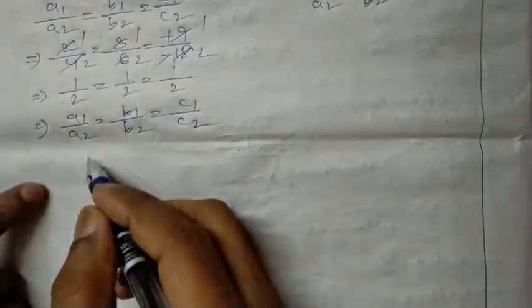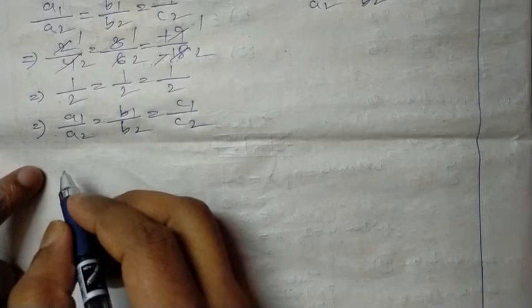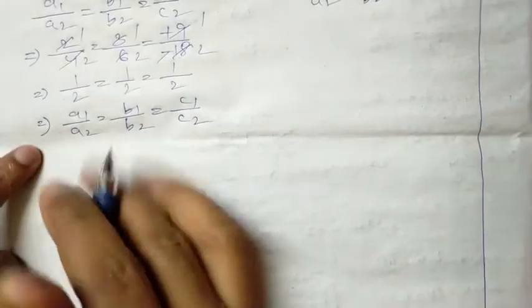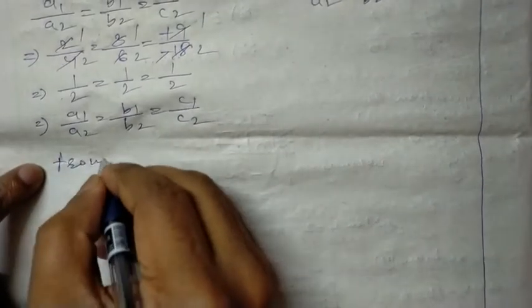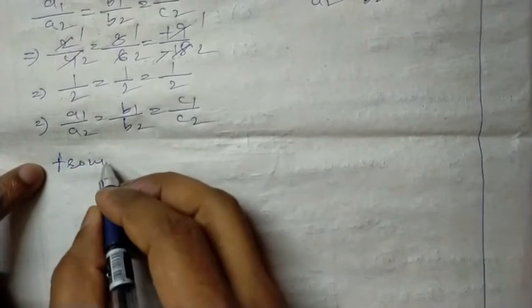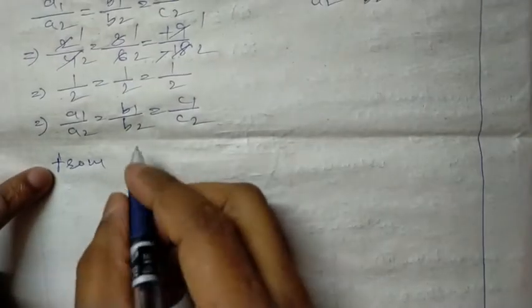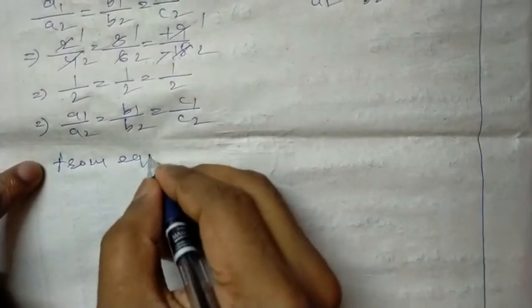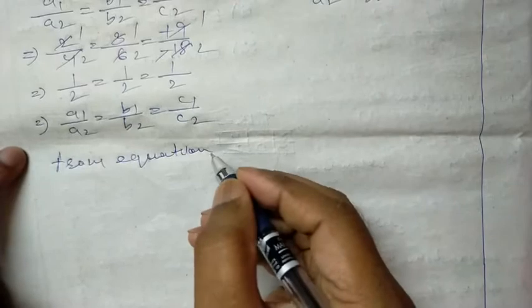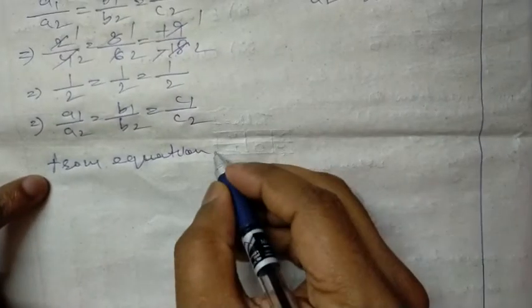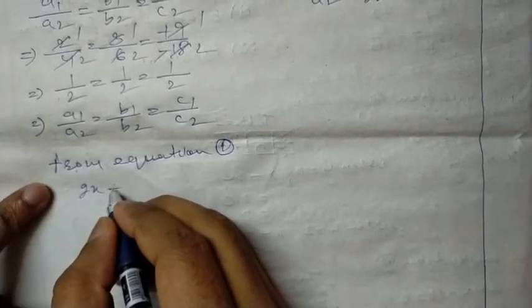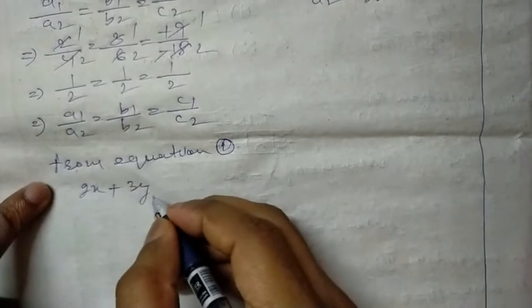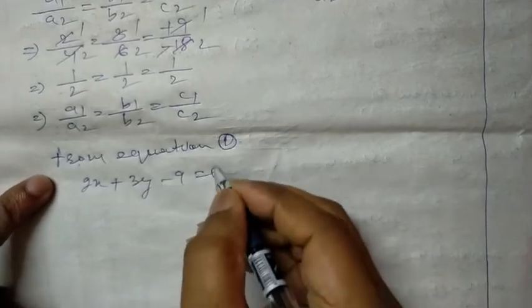From equation 1, 2x plus 3y minus 9 equal to 0.